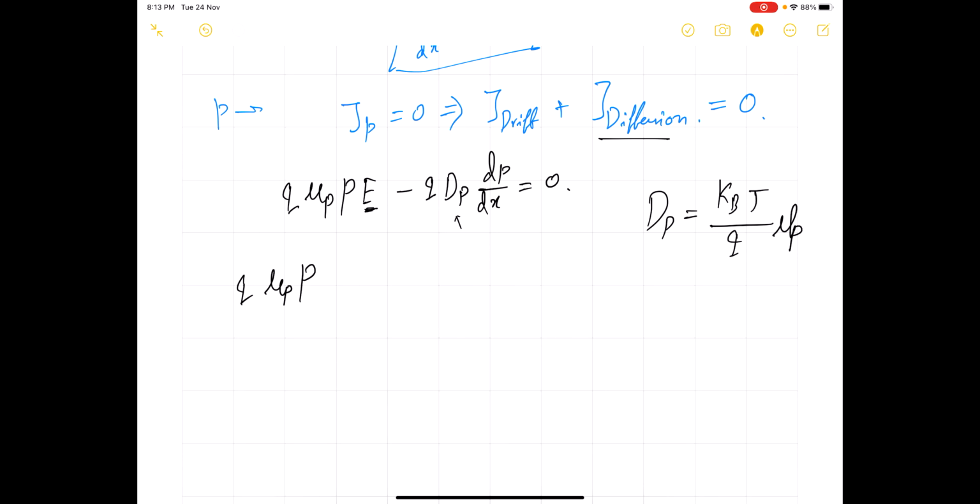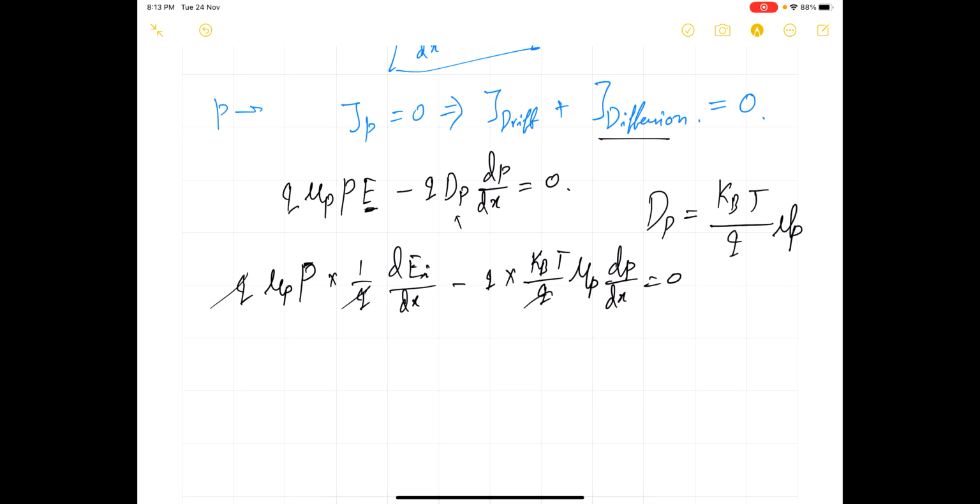Now we replace the internal electric field with the expression 1 by q into dEi by dx, where Ei is the energy level, minus q into kBT divided by q into mu p into dp by dx, equal to 0.